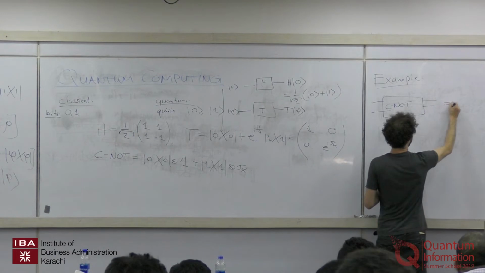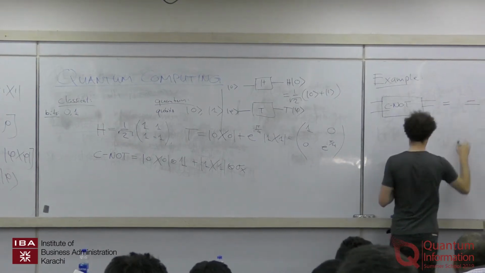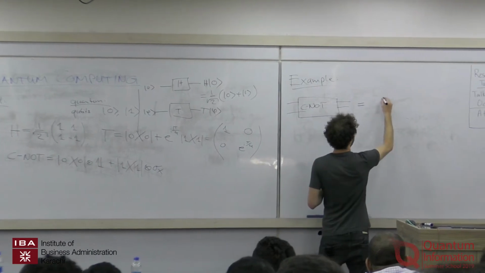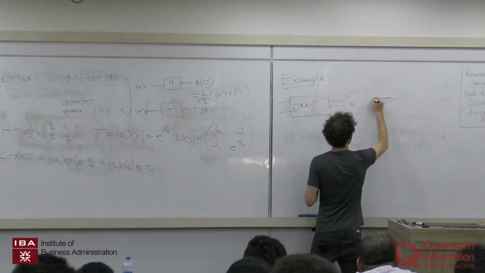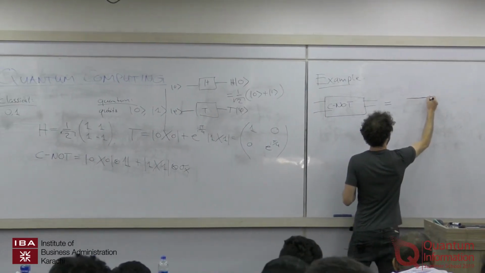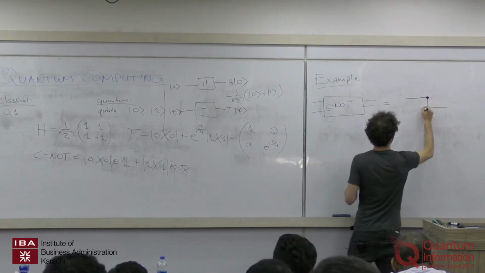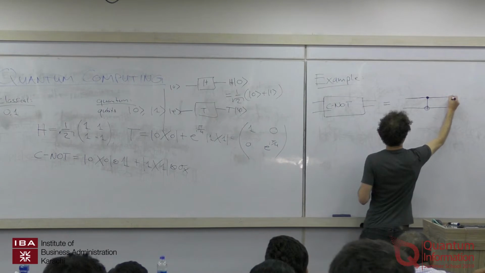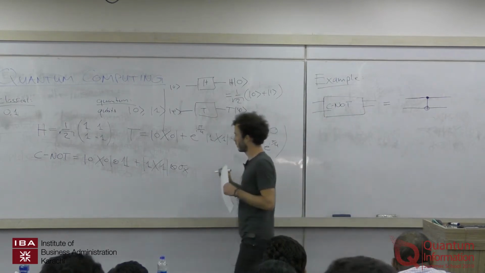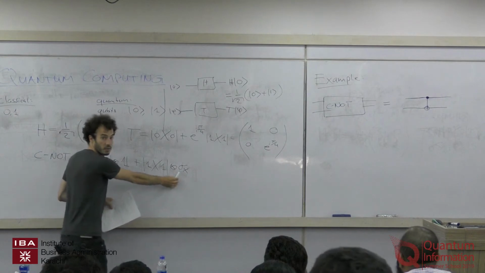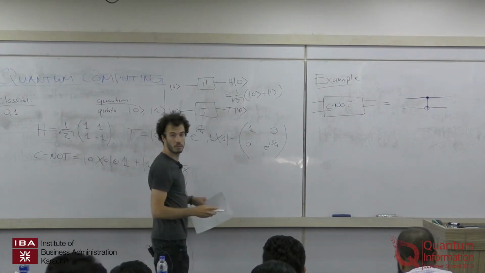But actually, we write it like this because you see how it works and it makes sense. And here I have to explain what this last symbol is, the sigma x I've written here. This is just a bit flip.